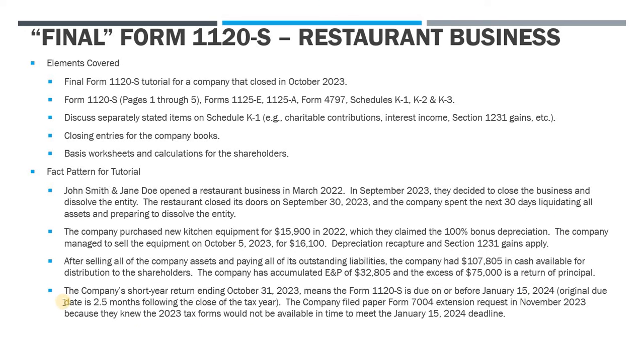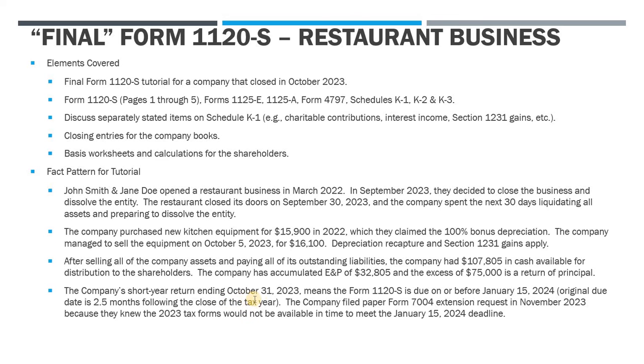Now, this is really important, this last bullet point on the due dates for the return. When you file an 1120S on a calendar year, the deadline is 2.5 months following the close of the tax year. So March 15th is normally the deadline we think of. But if you have a short year return, the deadline is 2.5 months following that close of the tax year.